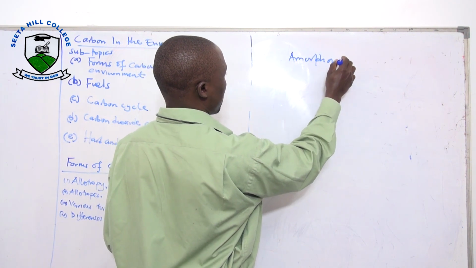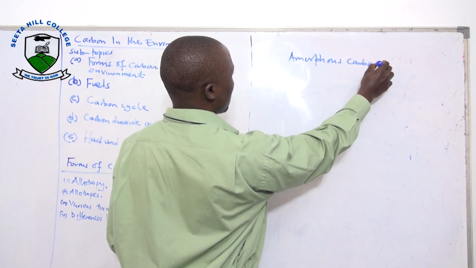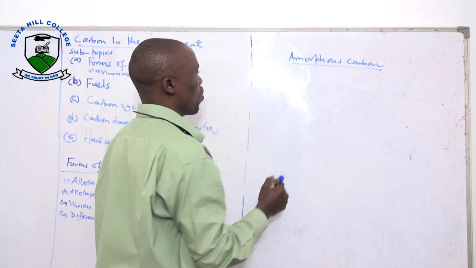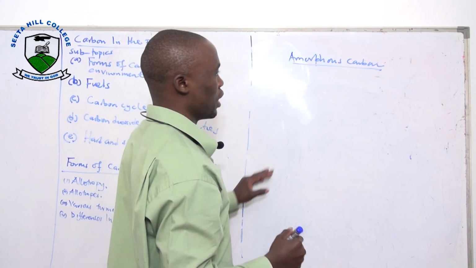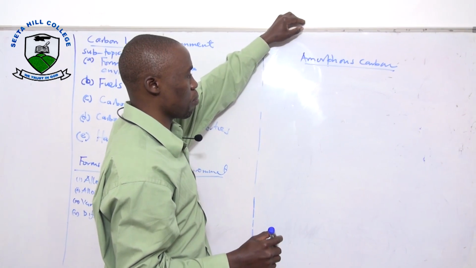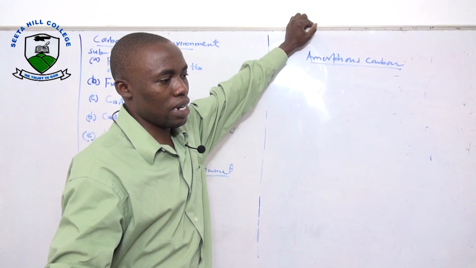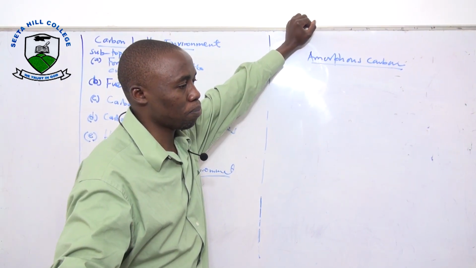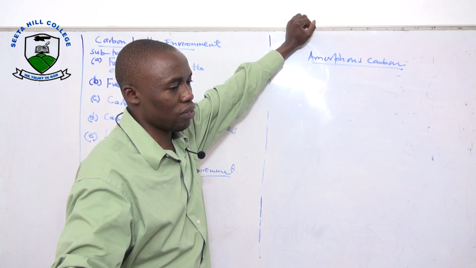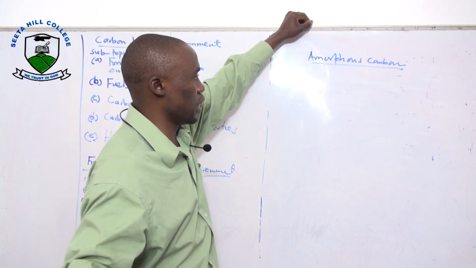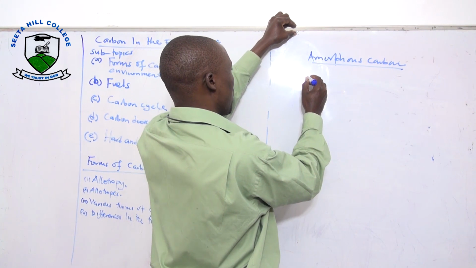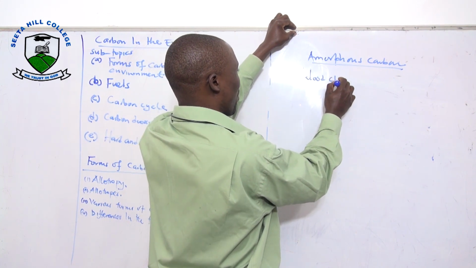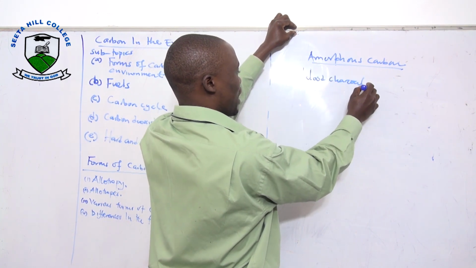Amorphous carbon. You look for more uses on the internet. Amorphous carbon, we say this is a non-crystalline form of carbon, and non-crystalline means it has no shape. Now we said we have wood charcoal. How is charcoal made?